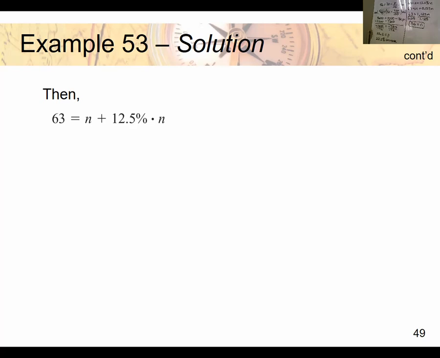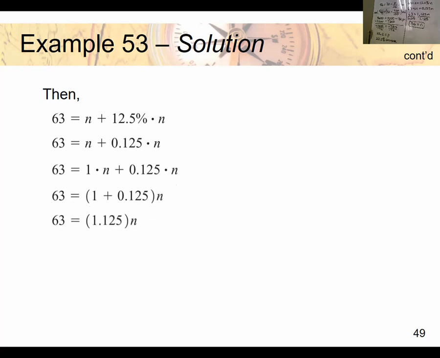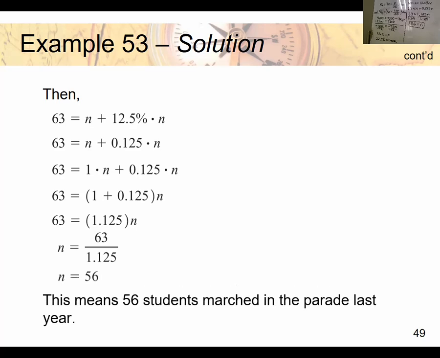Yeah, because you can't have half a student. There's no way you can have a fractional or decimal part of a student. And as you can see, they pretty much did it the same way. So that means 56 students marched in the parade last year. Okay.